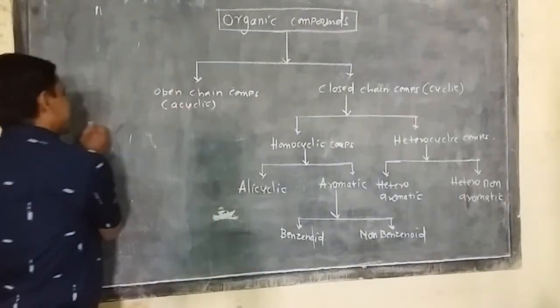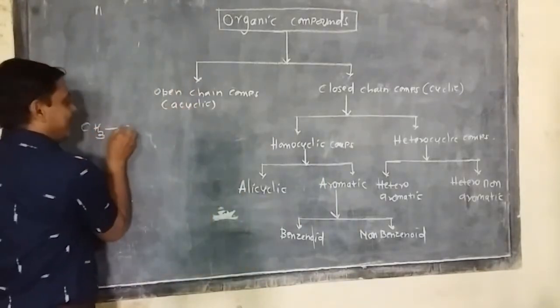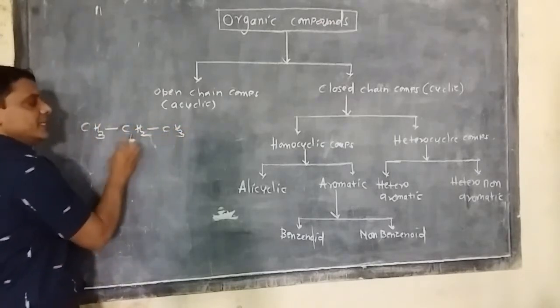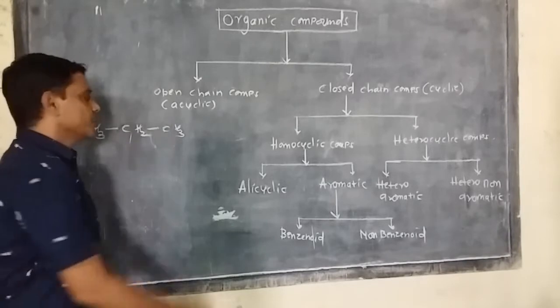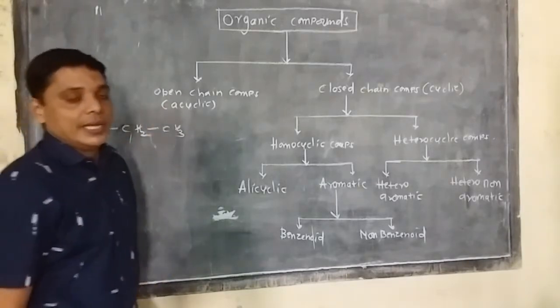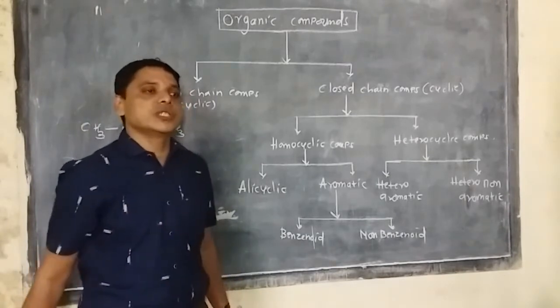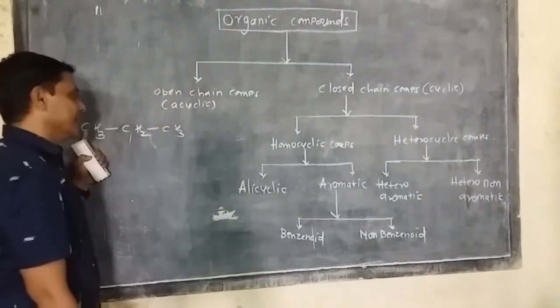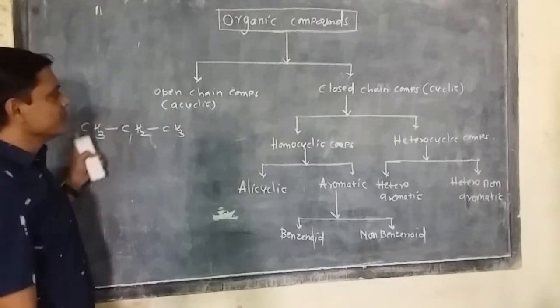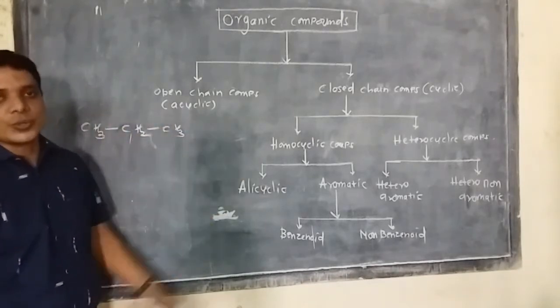For example, the carbons can be attached in a linear form, that is CH3, CH2, CH3. This is simply called an open chain compound. In general, in an open chain compound, the initial carbon and the terminal carbon do not meet with each other.